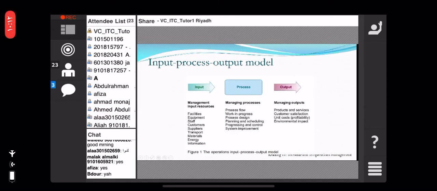Input, process, output model. What is input? What is process? What is output? If you look at it, the first arrow is input, management input resources. The second one is process, and the third one is output.